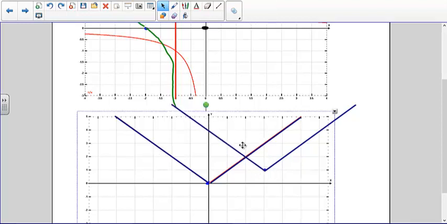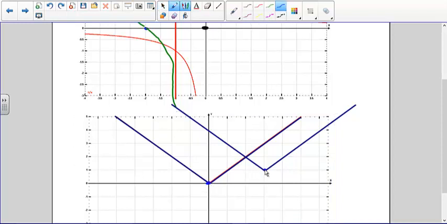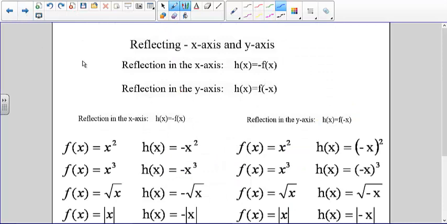So that would be the original anchor point. This is the new anchor point, and you just shift everything over and up. And they should look pretty much the same. Okay, so that's the anchor point and translating.